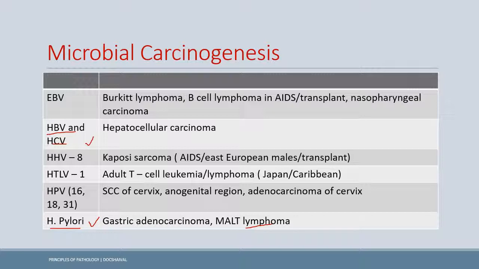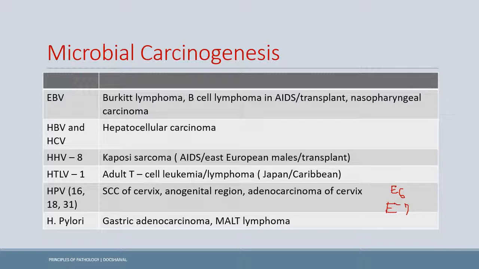Now, one more thing which comes to the back of my mind: can you recall that HPV produces two proteins? One is E6 and the other one is E7. Can you recall that these are oncoproteins and how they cause cancer?